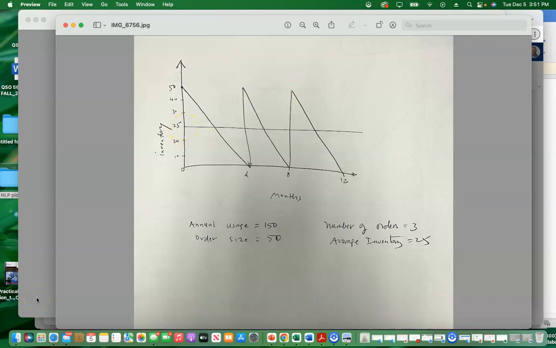So the key issue in this example of the economic order quantity problem is to determine the optimal quantity to order whenever an order is placed.